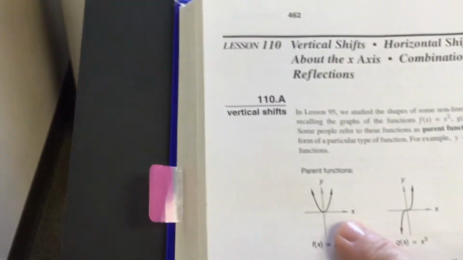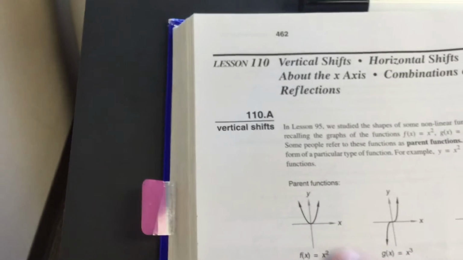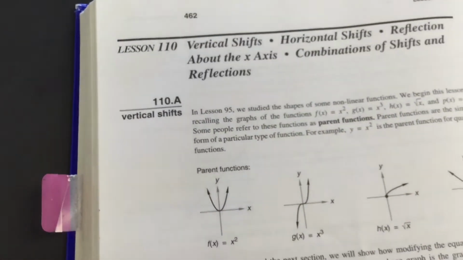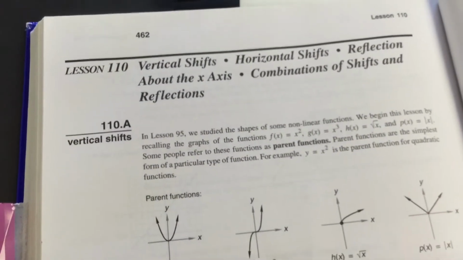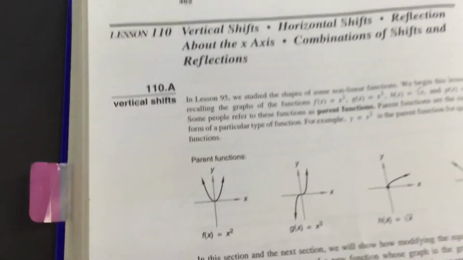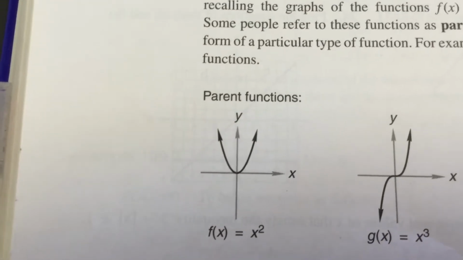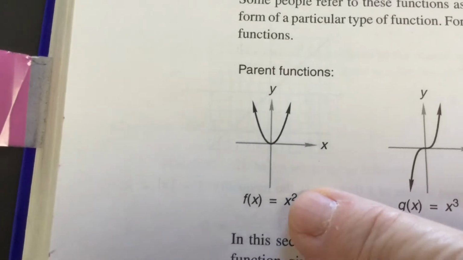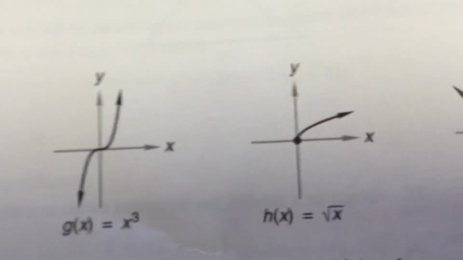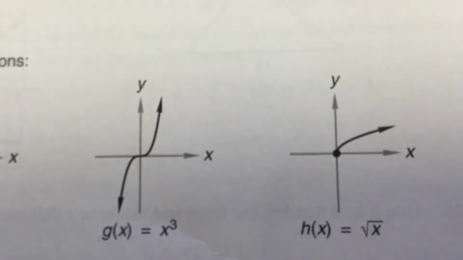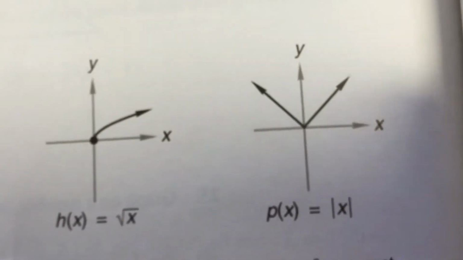And so a quadratic has the swoop, the cubic has this little arrow, like it goes this way then that way, then the square root shoots off that direction, and if it's absolute value it makes a V. Now the way you can remember it is quadratic always has x squared, and then cubic, it's got it cubed, and then square root, it's got a radical sign, and then the absolute value one, it's got an absolute value.